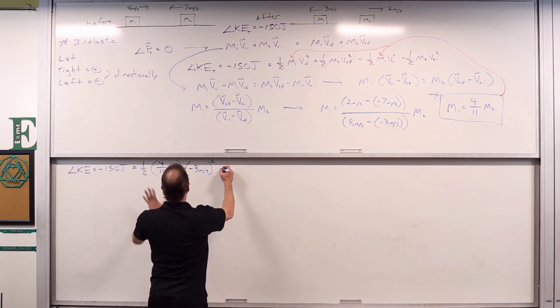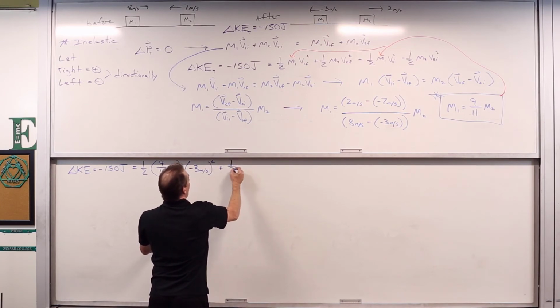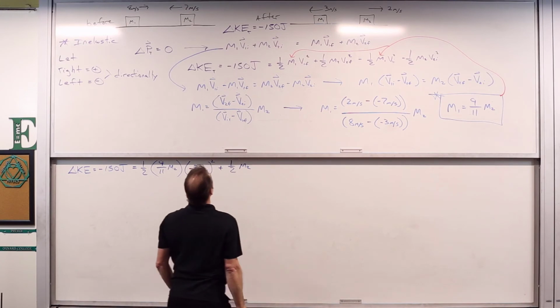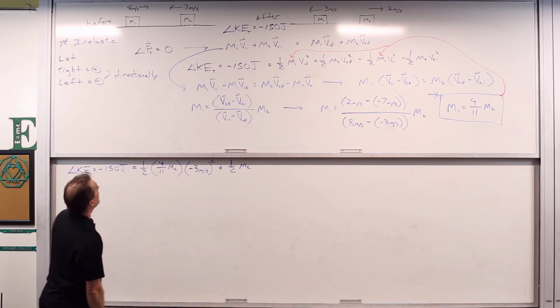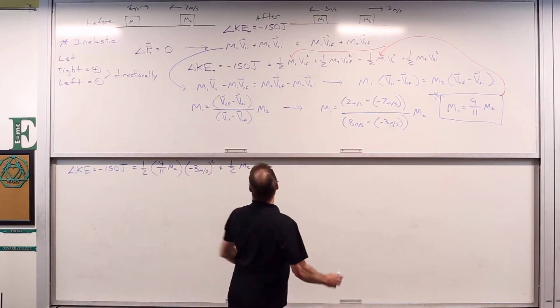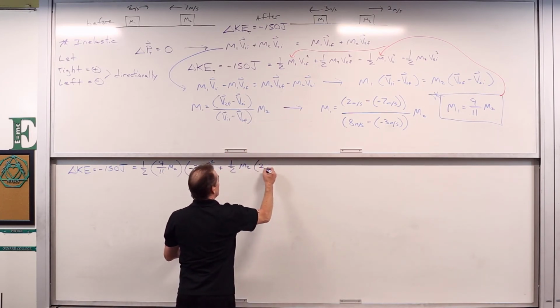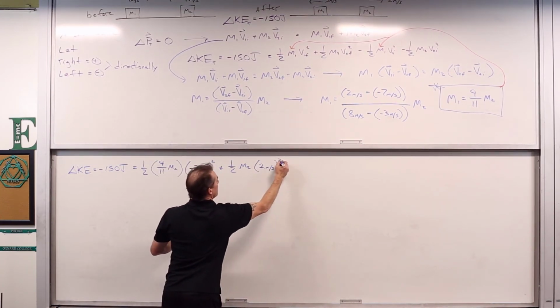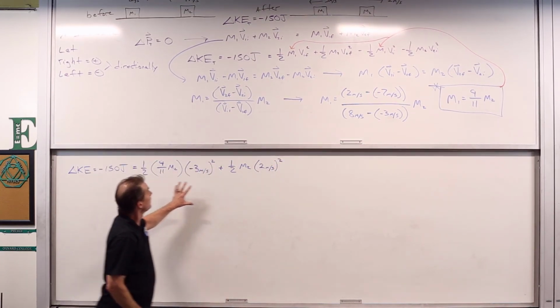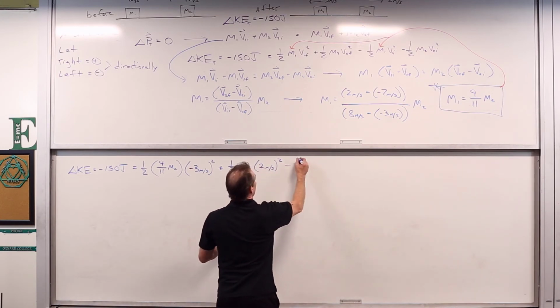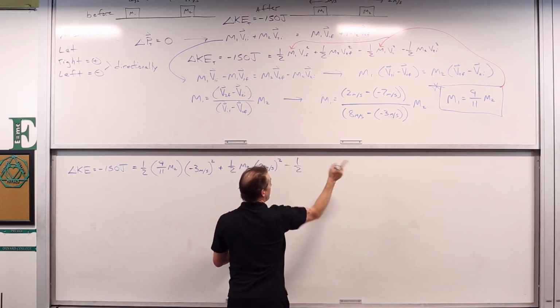Anyway, we've got that term, then we've got a plus 1/2 m2 times v2 final squared. Well, v2 final was 2 meters per second. That quantity is squared. So there we go. And now we've got a negative 1/2 m1 again.